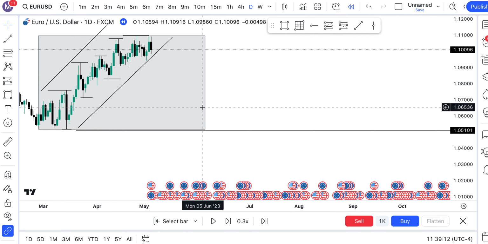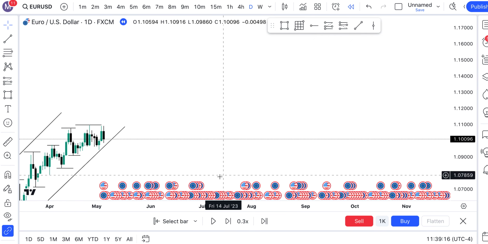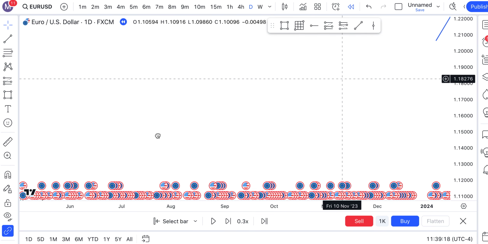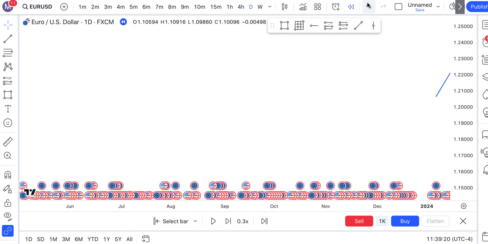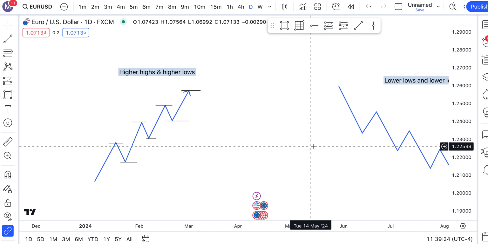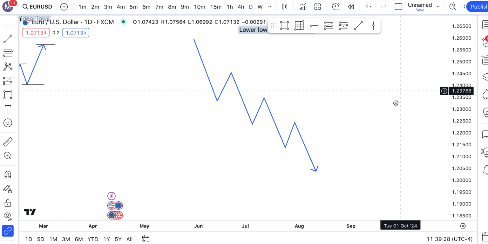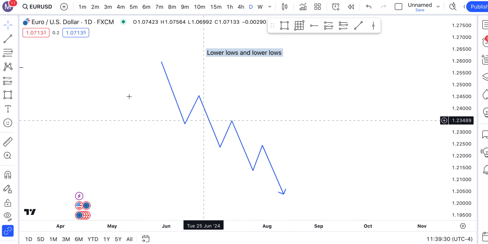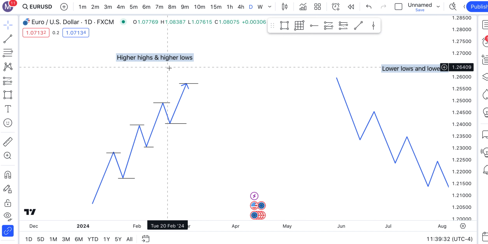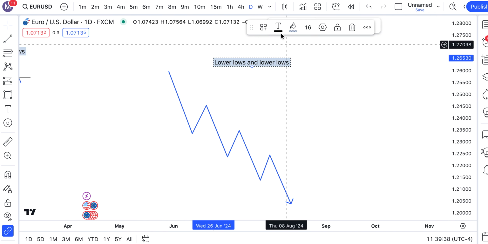So let me clear this stuff. And then we have downtrends as well, which is the complete opposite. So instead of higher highs and higher lows, we're now looking for lower lows and I should say lower highs.